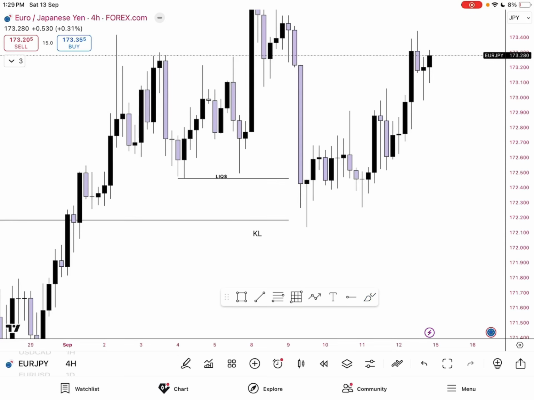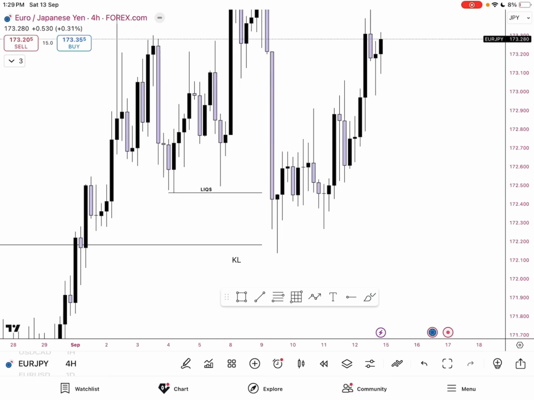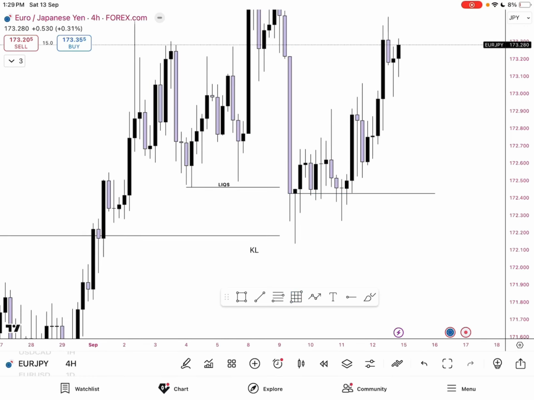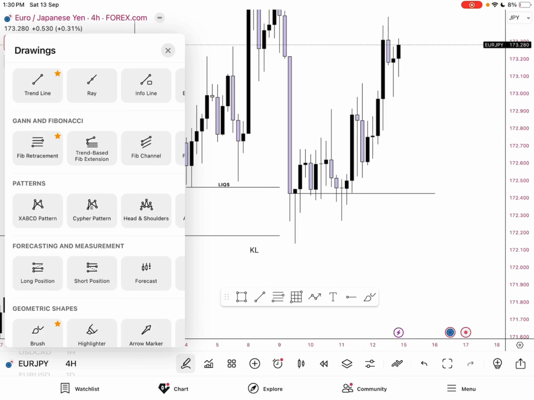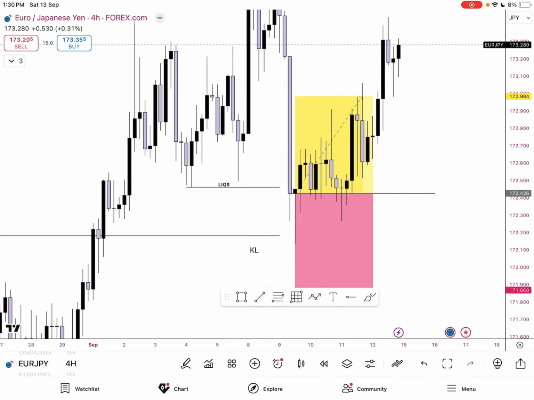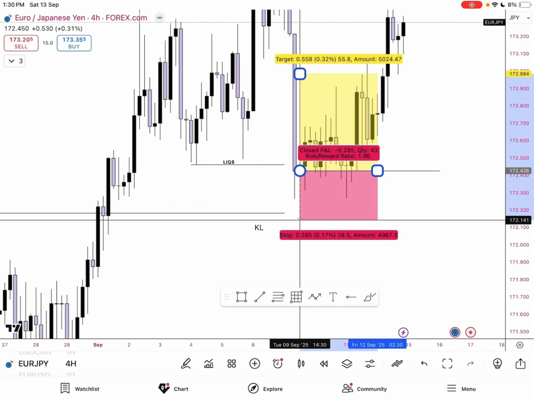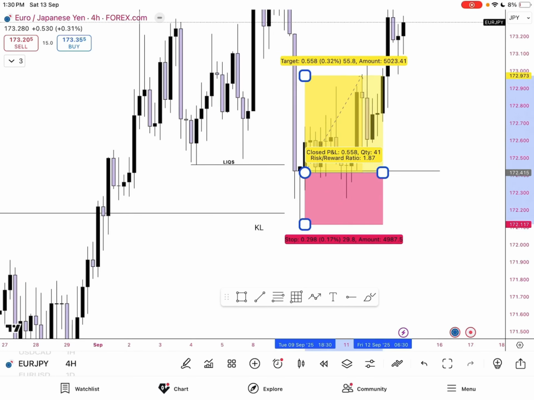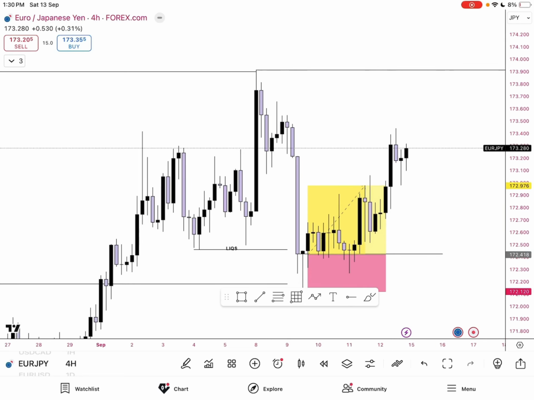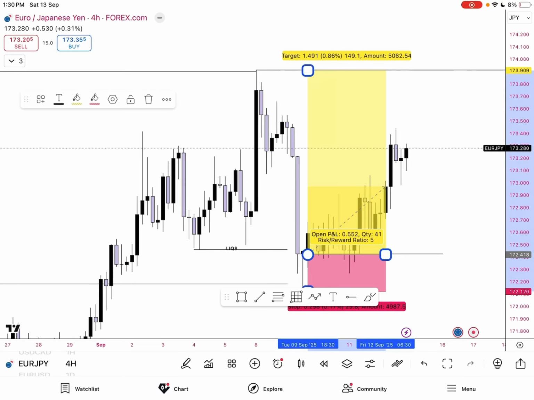Now what entries have we taken? The simple entry was this one. When the price rejected from our key level and closed above it, we can just take the entry like this one to target our external liquidity here.